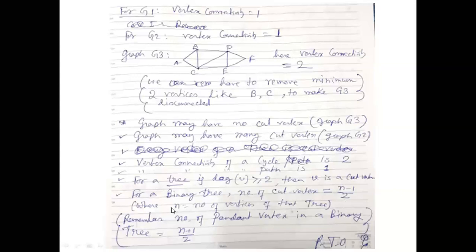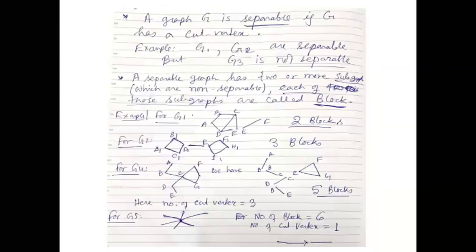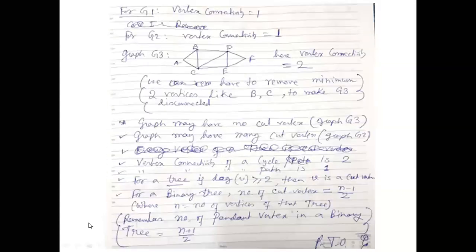Similarly, for a binary tree, the number of cut vertices will be (n minus 1) by 2. Why? For a binary tree, we know the total number of vertices is n. And the number of pendant vertices, or leaves, is (n plus 1) by 2. So if you subtract (n plus 1) by 2 from n, you get (n minus 1) by 2.